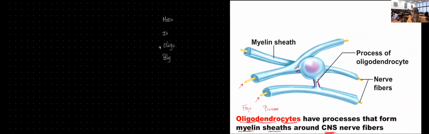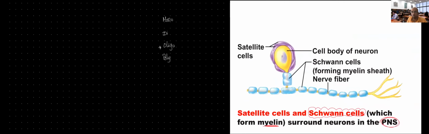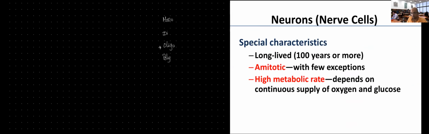Oligodendrocytes are the cells responsible for the formation of the myelin sheath that will be wrapping the nerve fibers inside the CNS. Schwann cells, on the other hand, also form the myelin sheath, but remember, they form it around the nerve fibers outside of the CNS, in the peripheral nervous system.